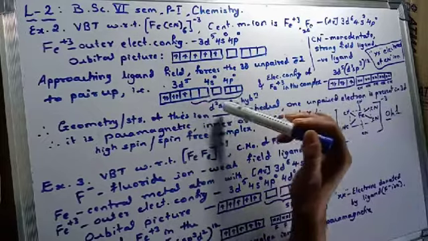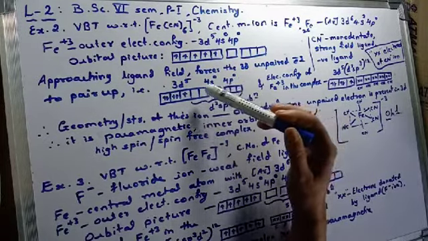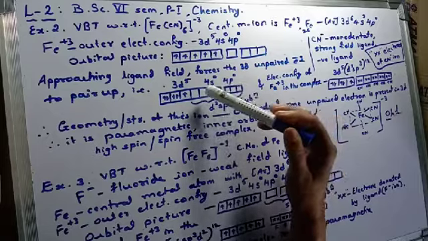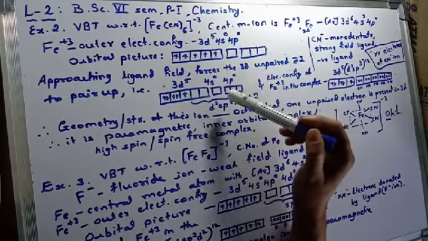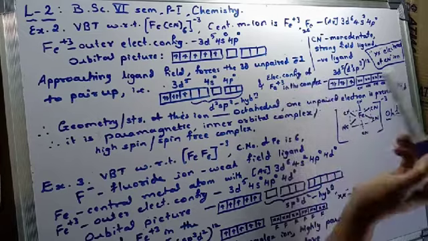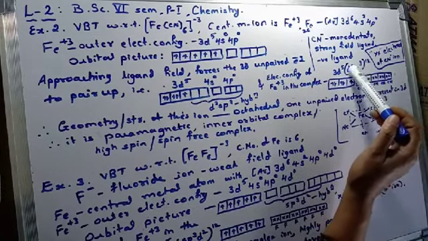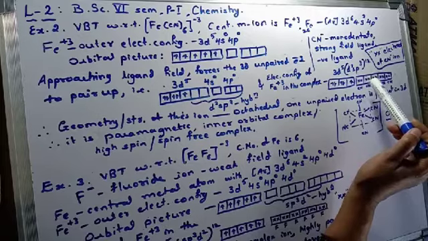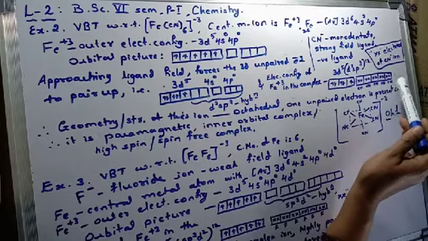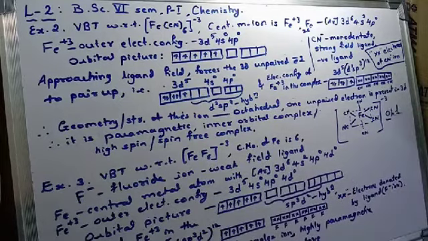The d2sp3 orbitals are 6 in number, and these orbitals are no more atomic orbitals, they are said to be hybrid orbitals. Thereby the electronic configuration of Fe3+ in the complex is 3d5. Now the 2 d electrons are involved in hybridization, therefore it is a bunch of 6 orbitals.